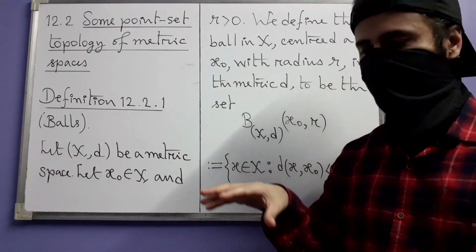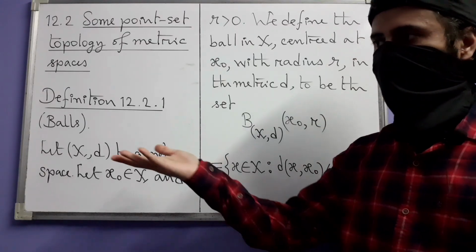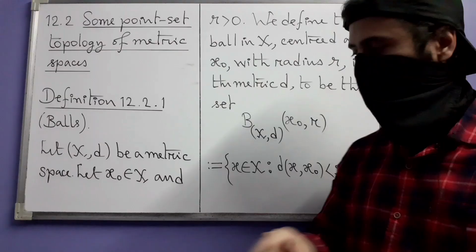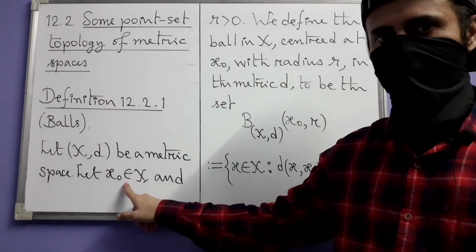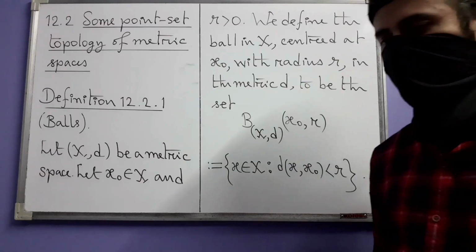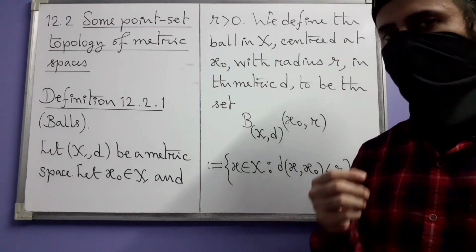So you can clearly see that this notion of balls is motivated by your usual open disk that you have in the two-dimensional plane. Say you think of your plane where you have chosen a geometric point like this one, and you are also thinking of a positive real number R. For the sake of specificity, suppose that R is 1.